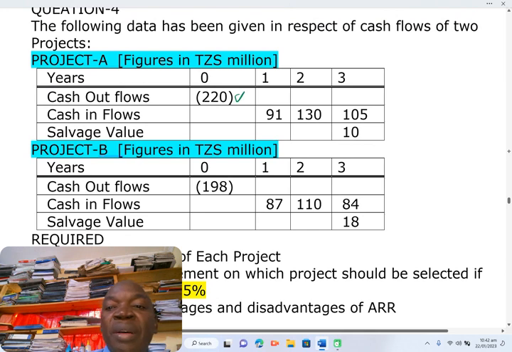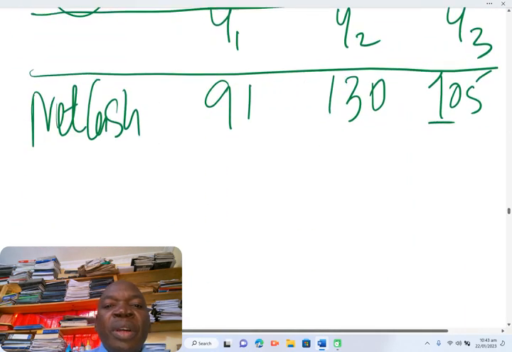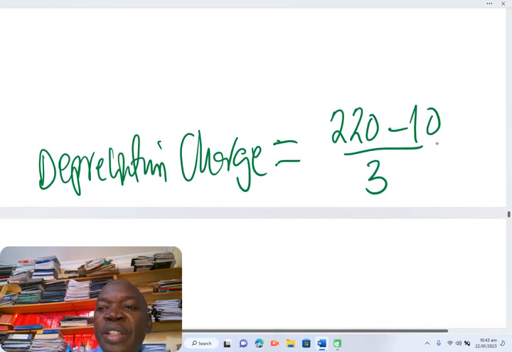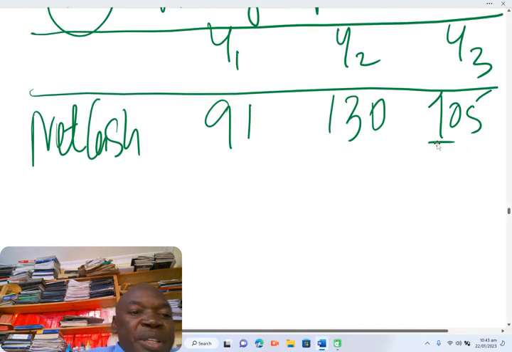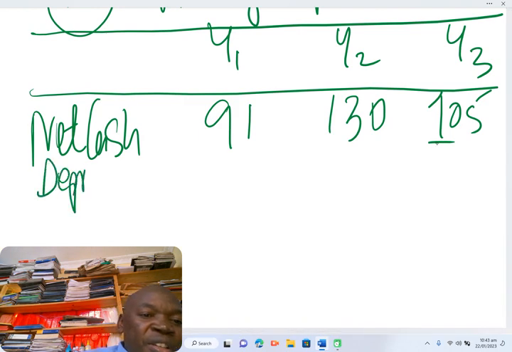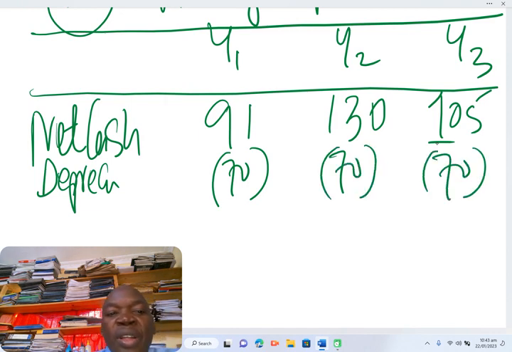So this number minus this one, divided by 3: 220 minus 10 divided by 3 is 70 each year. Depreciation is 70 each year, so it is 70 in year 1, 70 in year 2, and also 70 in year 3.